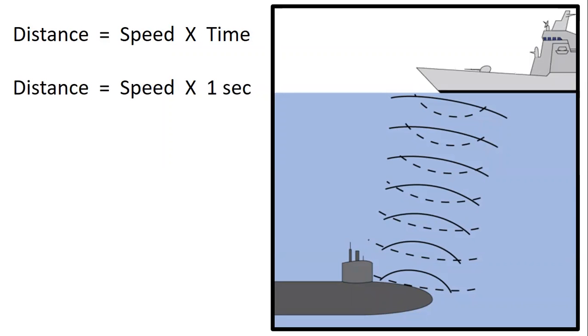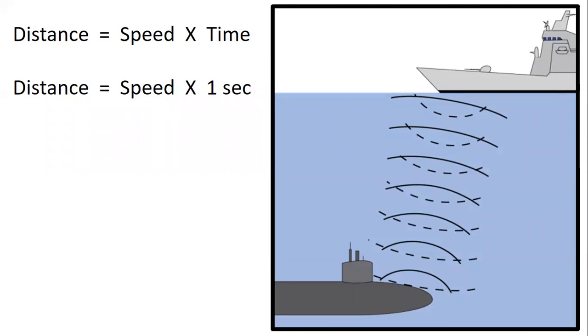The distance equals the speed times 1 second. Now it's 1 second because the total time was 2 seconds from the ship to the submarine to the ship again. And we want the time that it's from the submarine to the ship only. So we divide the total time in half.